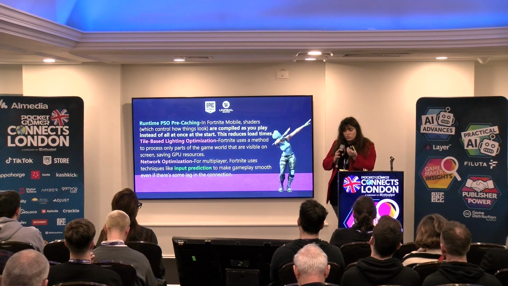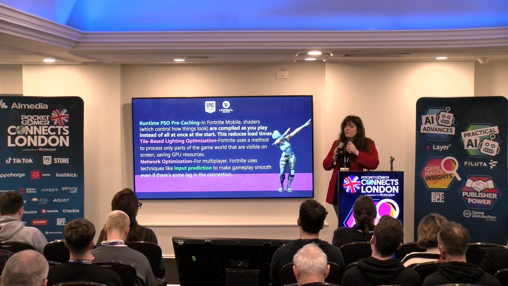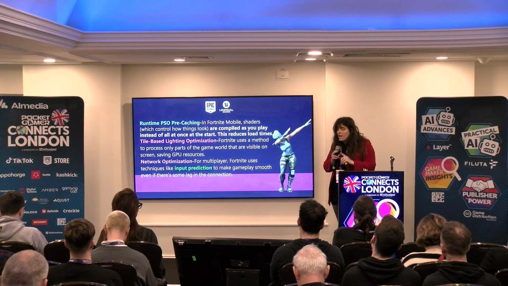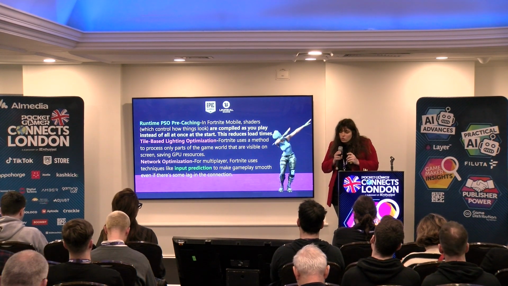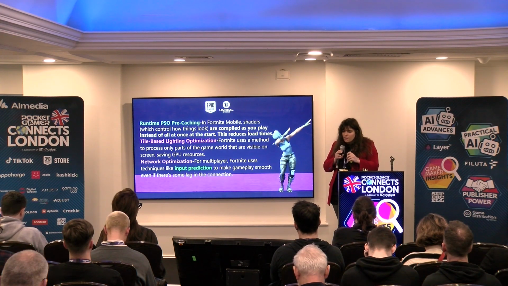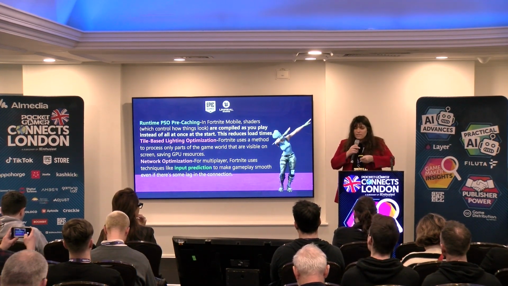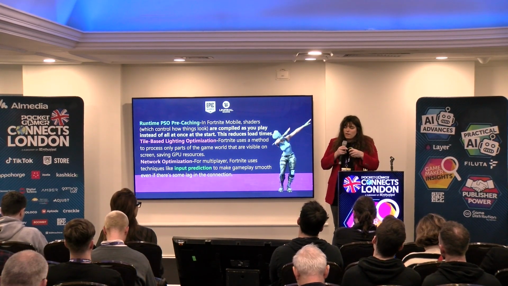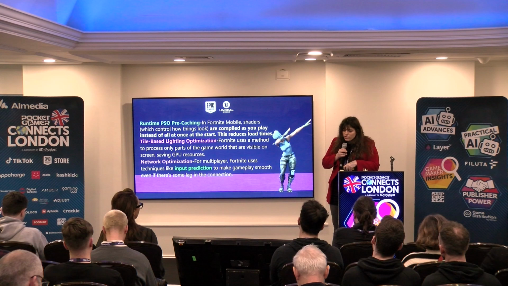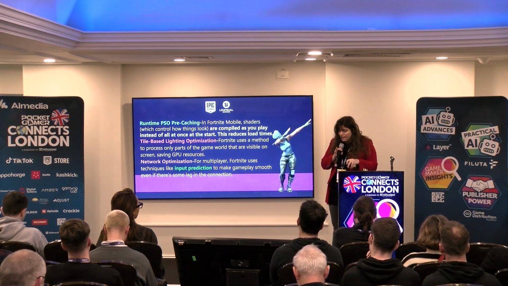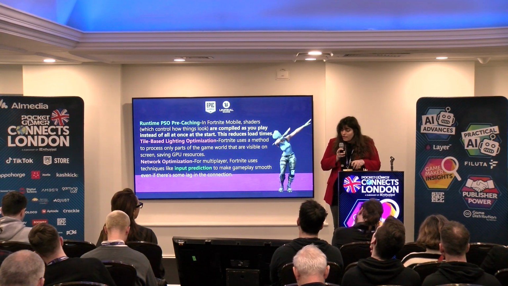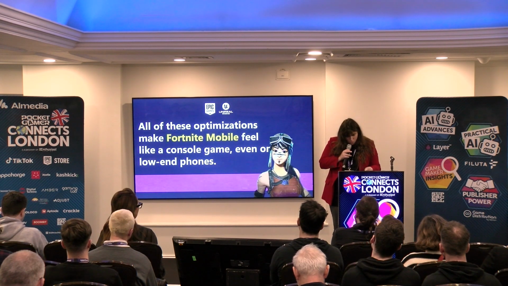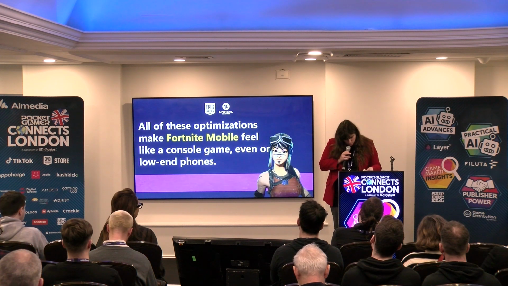This is a very usual technique from Unreal Engine, traditionally used also in console. When Fortnite Mobile runs it, you don't compile all the shaders and details at the start, like when you open Unreal Engine and have a long wait for shaders to compile. It just saves and loads them during the game. Also, it has great network optimization for multiplayer, and it has input prediction.